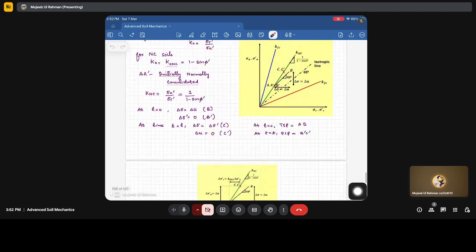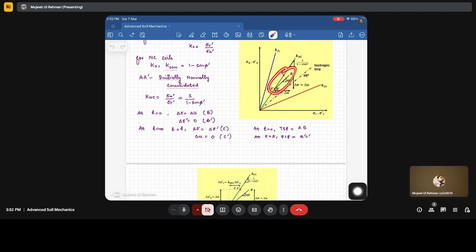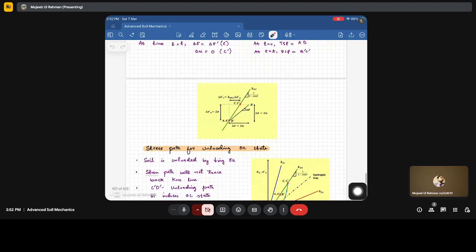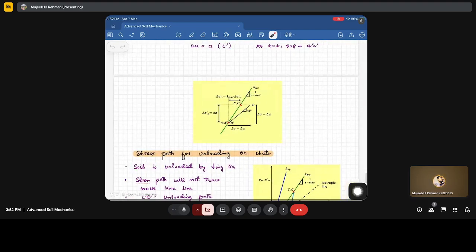So this is the stress path for only consolidation in the sigma A sigma R plot. Now if we zoom into this portion, you can see that this line represents the stress path corresponding to delta sigma equal to delta U. This and this will be the same, delta sigma is equal to delta U, and a similar increment will be in delta sigma R because of isotropic consolidation.